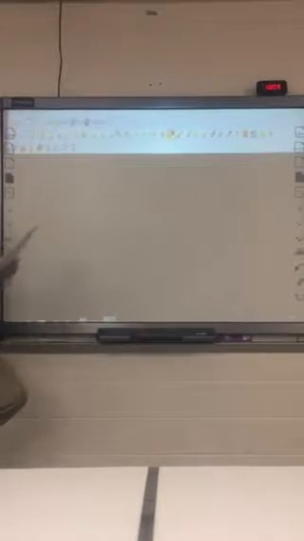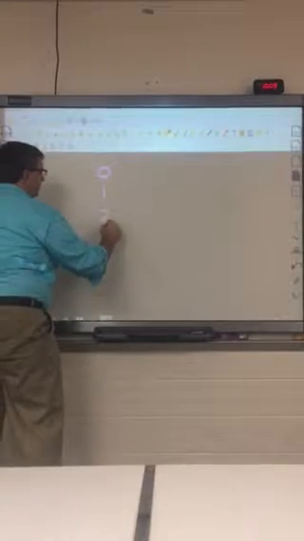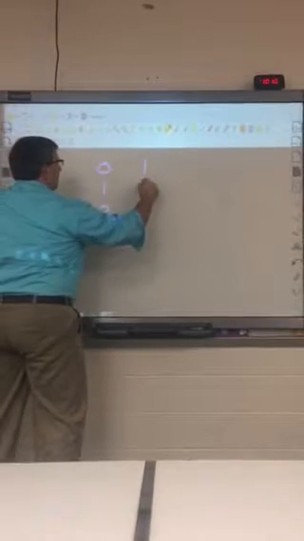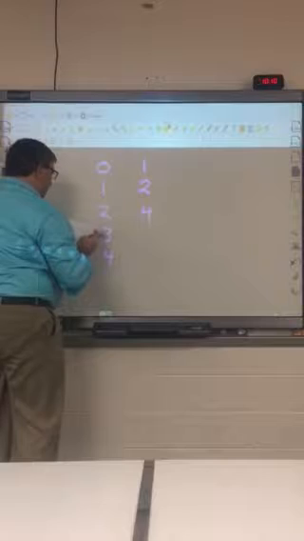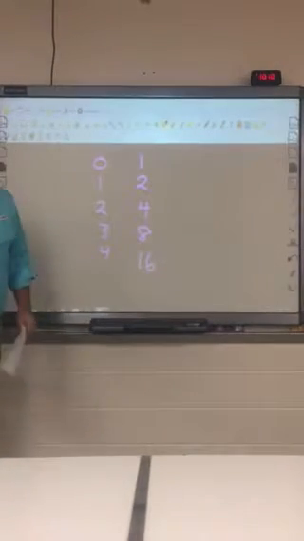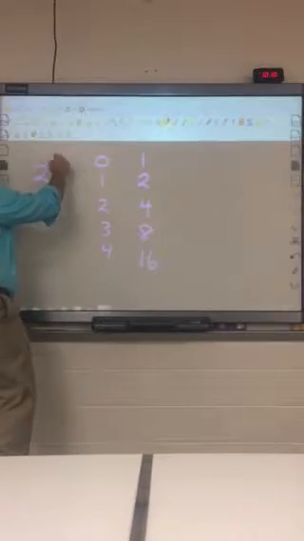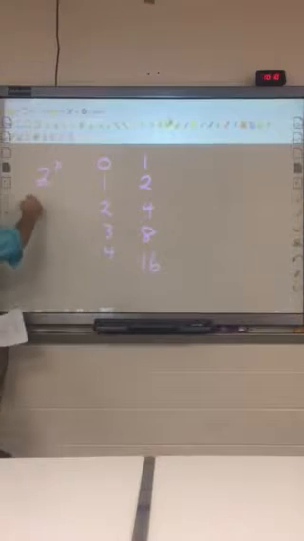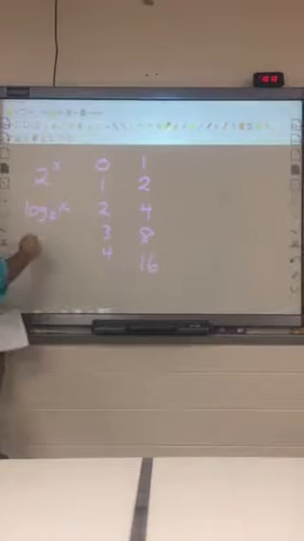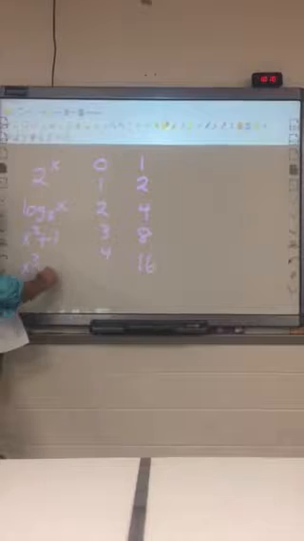If we just take the plug and chug, I have x values 0, 1, 2, 3, and 4, and outputs 1, 2, 4, 8, and 16. The choices are 2 to the x, log base 2 of x, x squared plus 1, and x cubed plus 1.